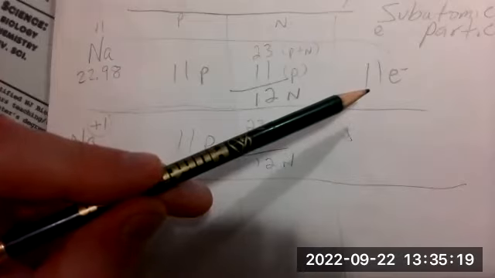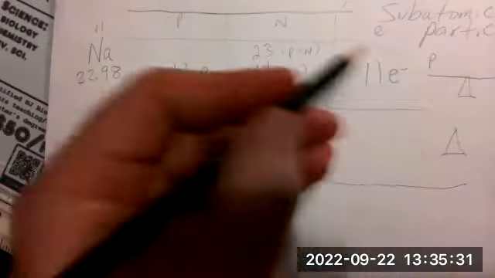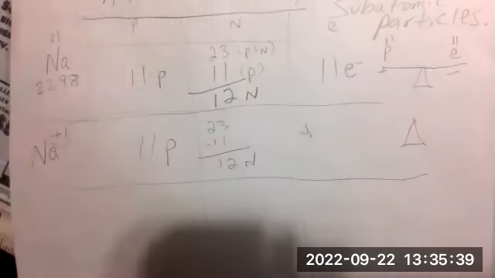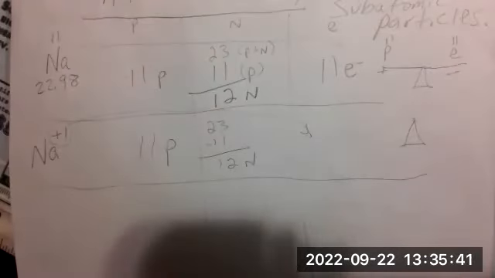So if you think of a seesaw with protons, here we write it up here actually, protons on one side and electrons on the other, when they're balanced, there was no charge. We had 11 protons and 11 electrons. The positives and the negatives balance each other out, and the seesaw doesn't tip in one direction or the other.